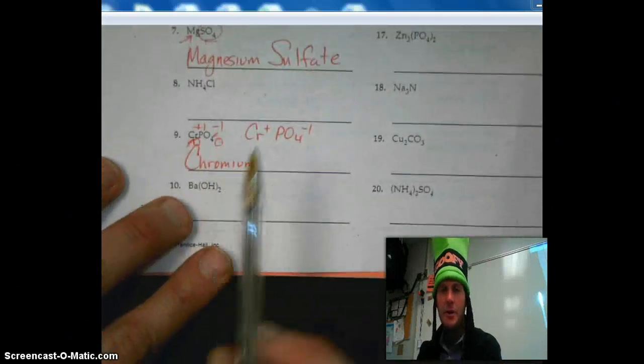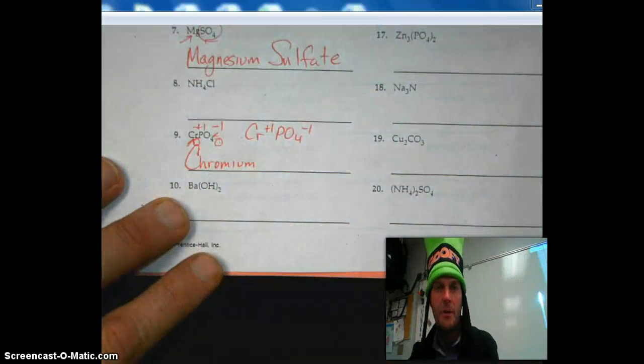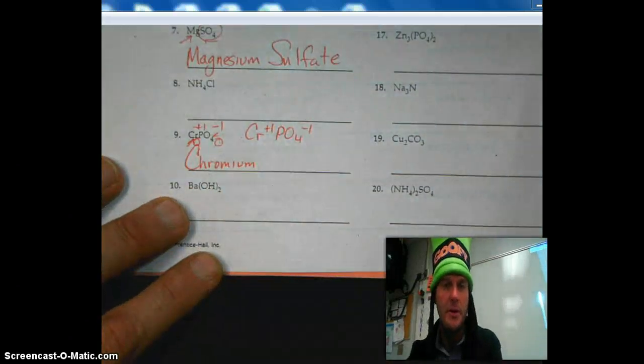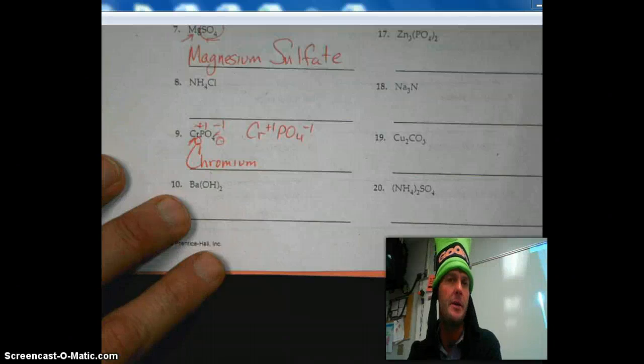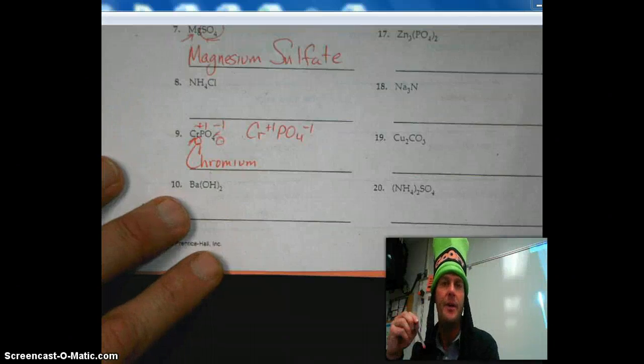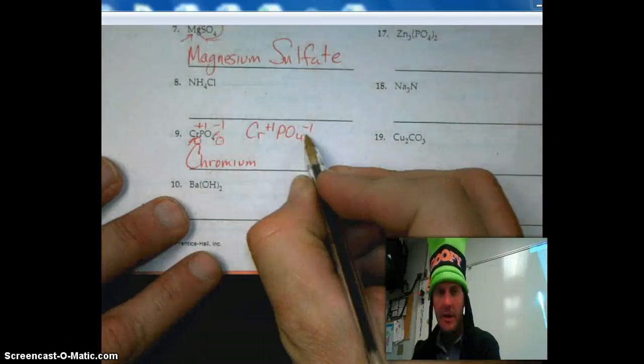Now, this is kind of tricky because if you have both 1s, if you think back to your empirical formulas, something was reduced. Now, what you have to do, this is going to be a little bit of a goose chase, is double check to make sure that phosphate is a -1 charge. So if you look on the back of your crisscross sheet, is phosphate a -1 charge?